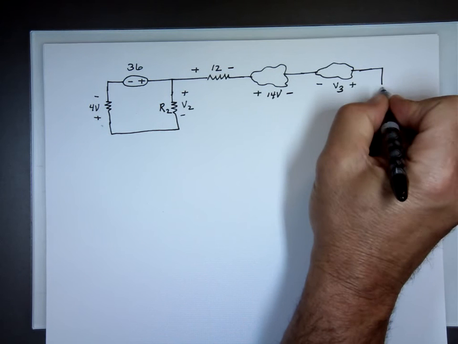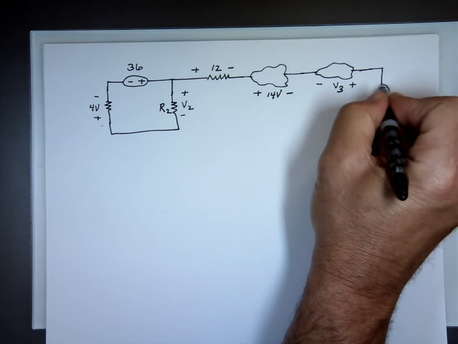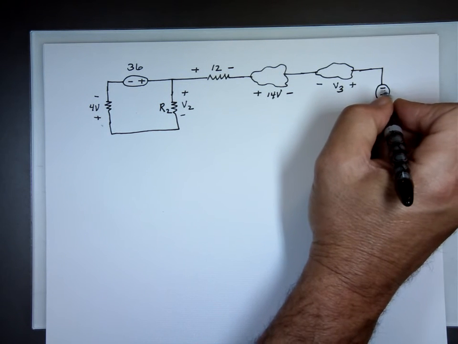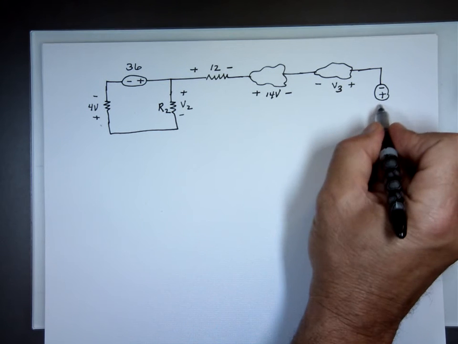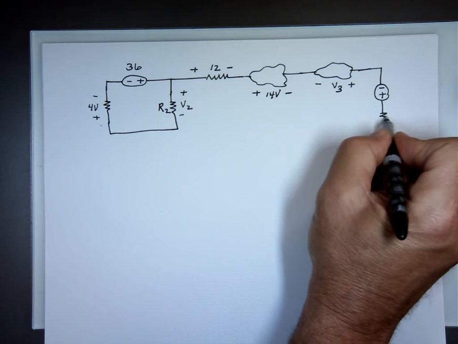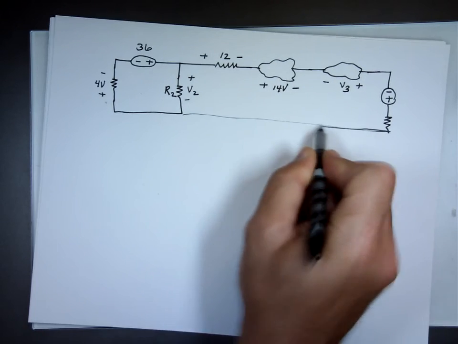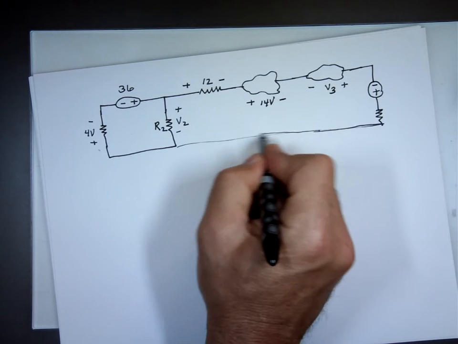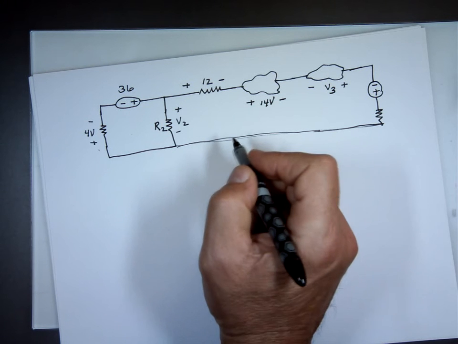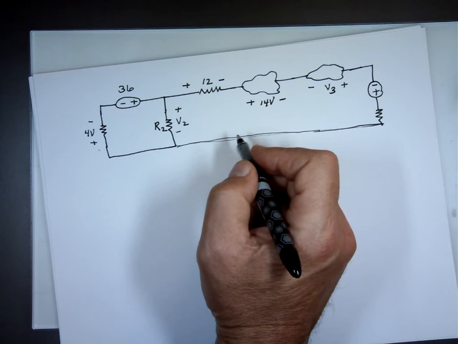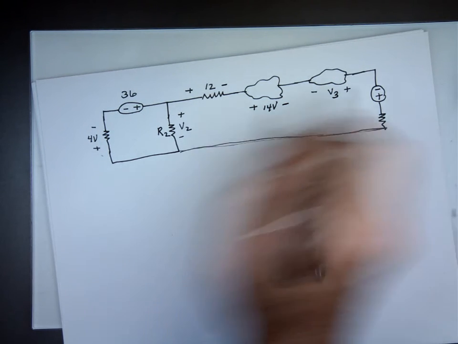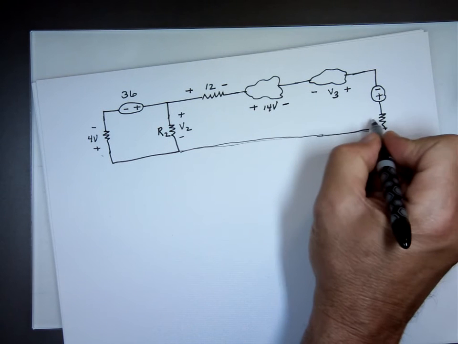I have a source here. And I don't know if the value of that is given or not. Give me a minute, I'll look in the problem and see if it's given. And it's connected like this. And this is resistor 1, 2, 3. This is resistor 4, so we'll call this V4.